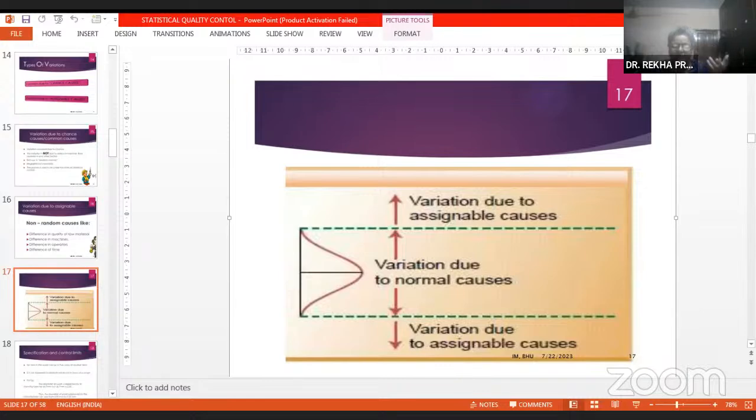That means whatever the sigma is for this particular population or sample, the mean plus 3 sigma or minus 3 sigma, after the mean or before the mean, about 97% lies there. That is the characteristic of this distribution. So we say that this 97% lies between these limits, which is variation due to normal causes. But beyond that, the variation is due to assignable causes.